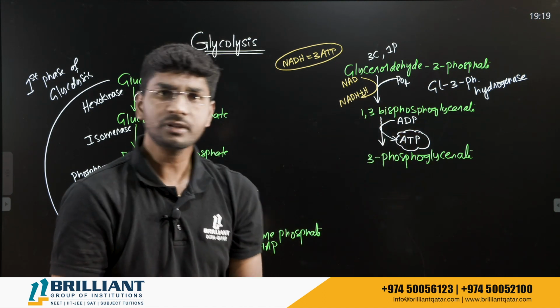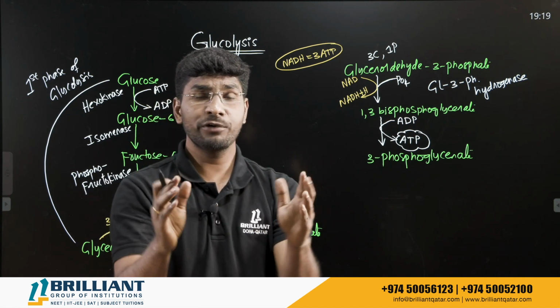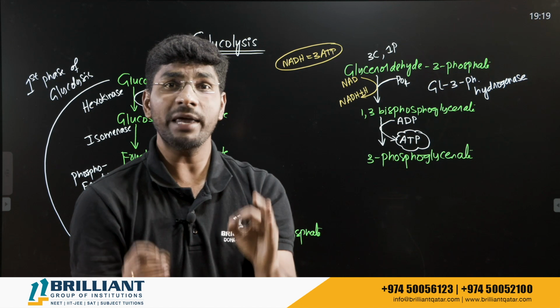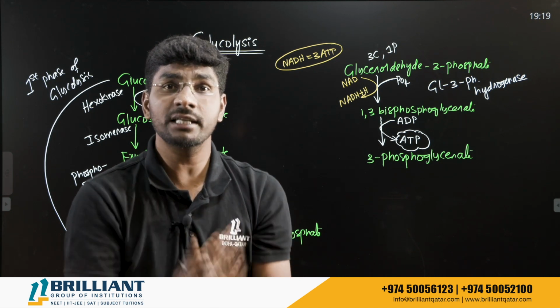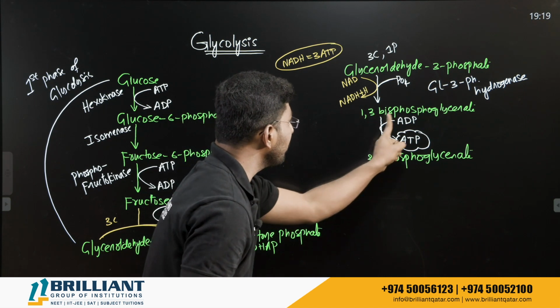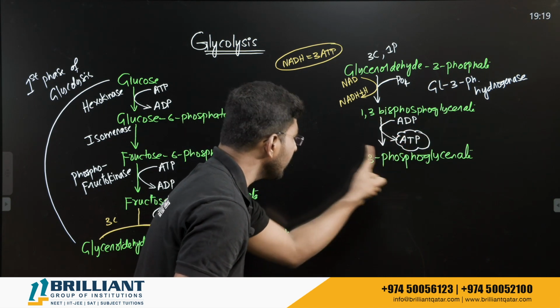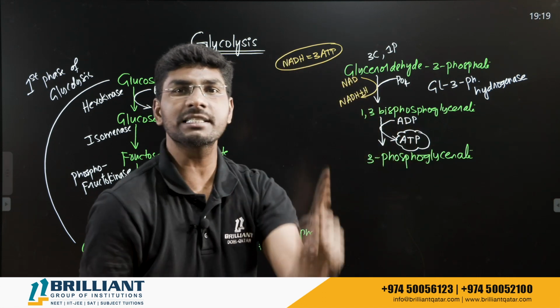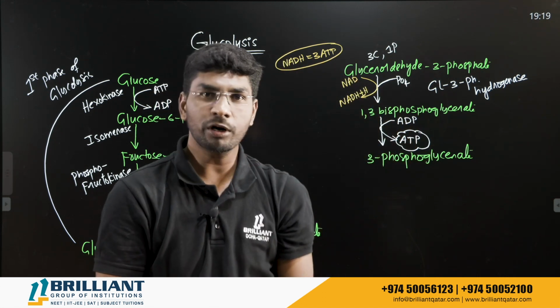3-phosphoglycerate. You understand? Remember, all of you, in NEET like competitive exams, they will ask at which step ATP synthesis takes place in glycolysis. Everyone note this point. 1,3-bisphosphoglycerate converts into 3-phosphoglycerate. Exactly this stage ATP synthesis takes place. You got my point?